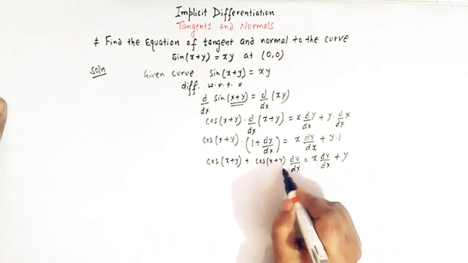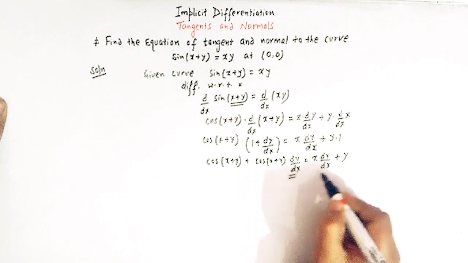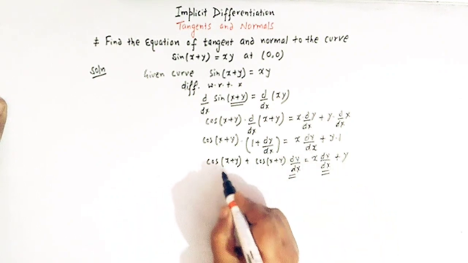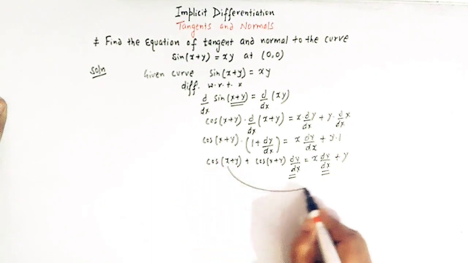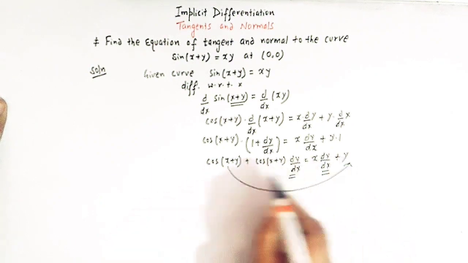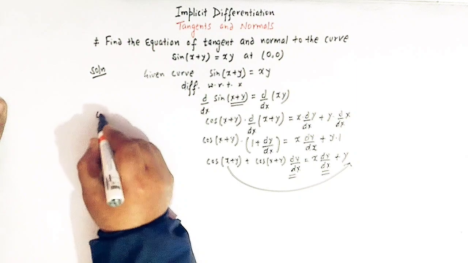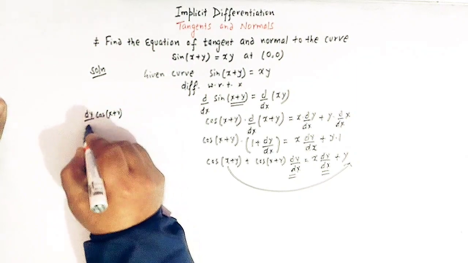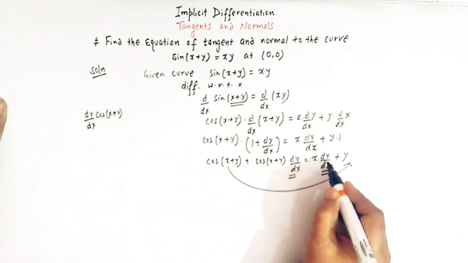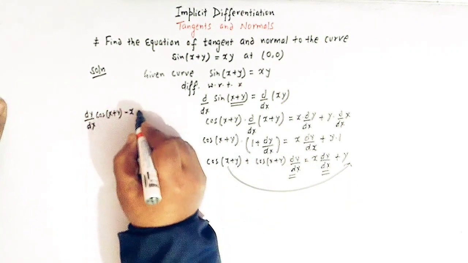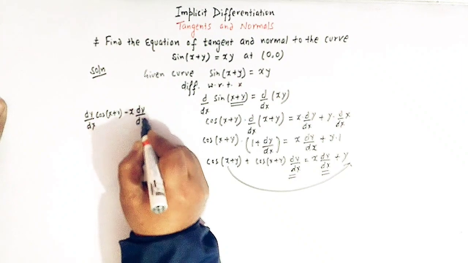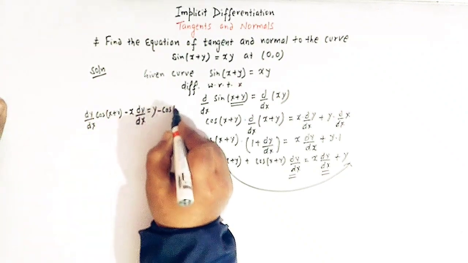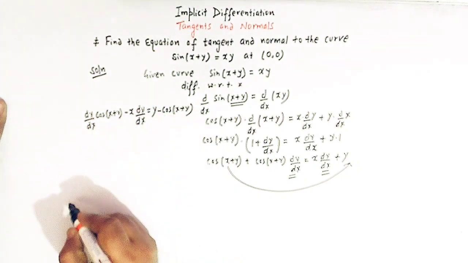Now let us combine the terms containing the derivative, that is dy over dx, taking these terms to the left hand side. So we have now cos(x + y) dy over dx, and then we have minus x dy over dx, and we have y minus cos(x + y), right?